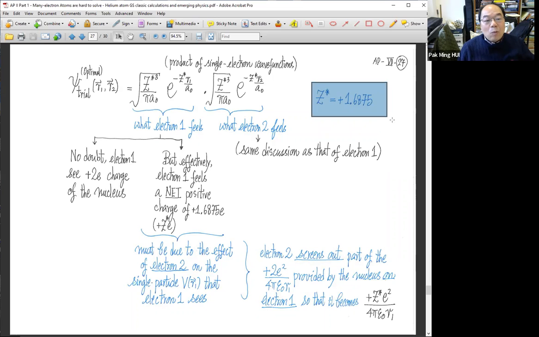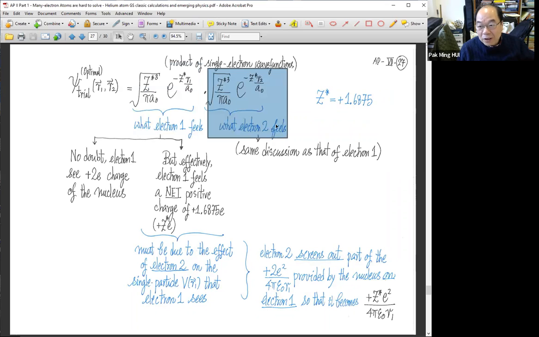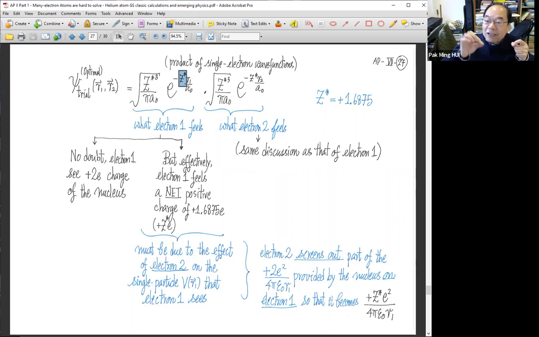However, when we use the idea that the trial wave function is a product of electron number 1's wave function times electron number 2's wave function, this parameter, originally playing the role of the charge electron number 1 sees, takes on a funny value. It is smaller than +2.